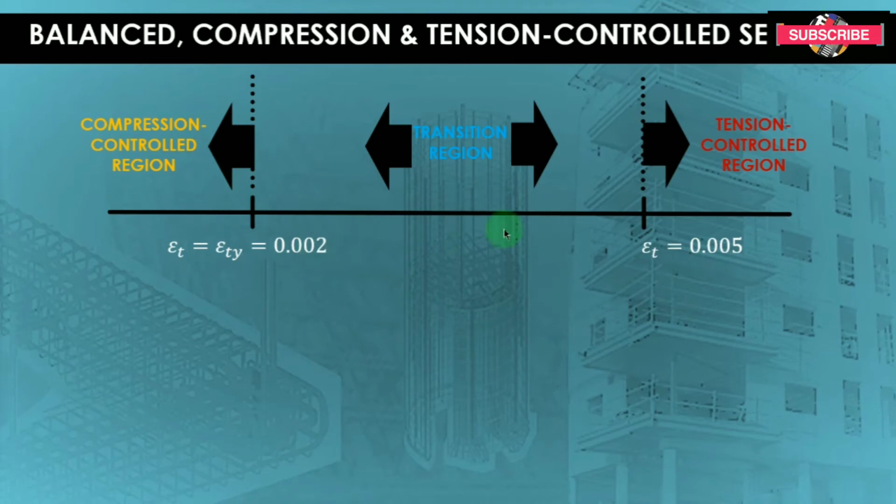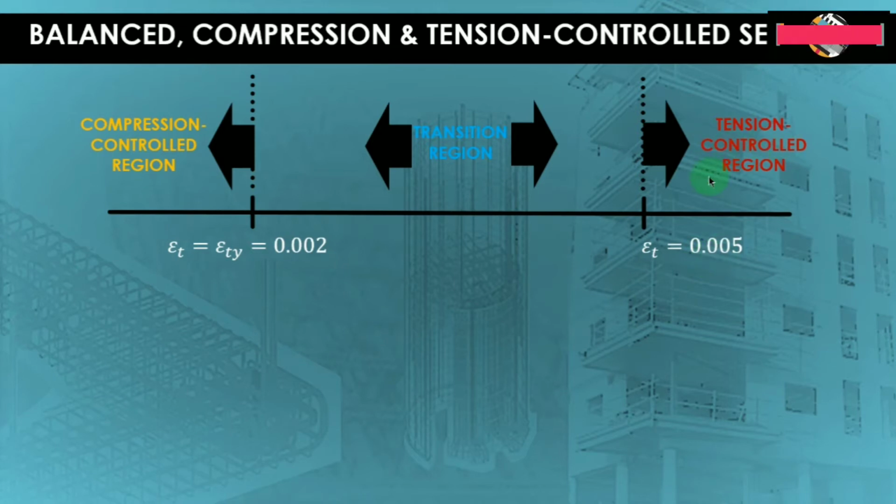Okay? At ito namang tensile strain natin dito is equal na to 0.005. Yung arrow niya is papunta doon, no, sa right side, kasi pwede siyang more than the 0.005. So ito yung tension control region. So ito yung prinescribe ng code natin, no, na value ng tensile strain natin is equal to 0.005 or greater than 0.005.